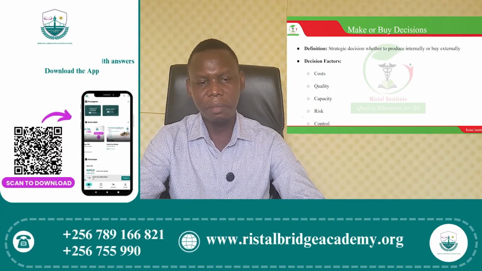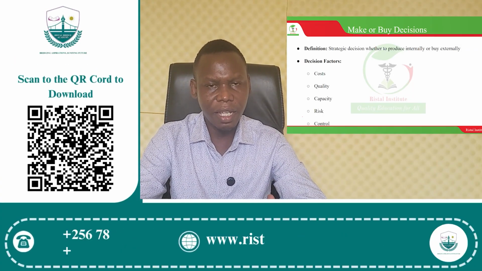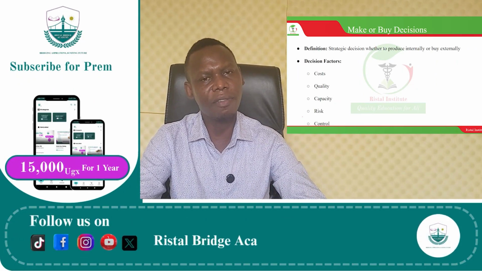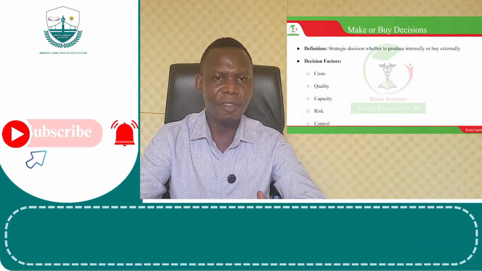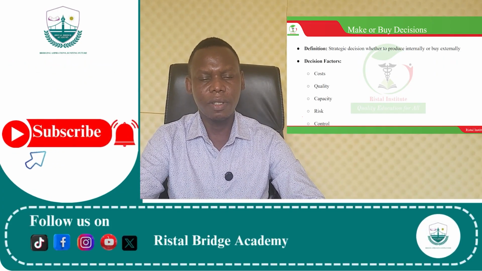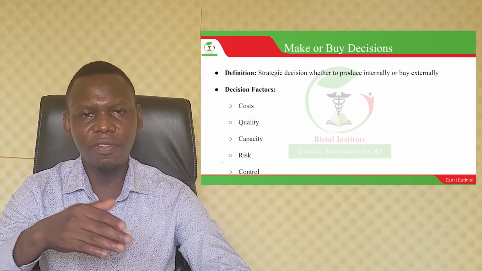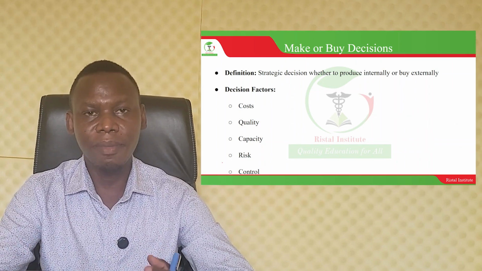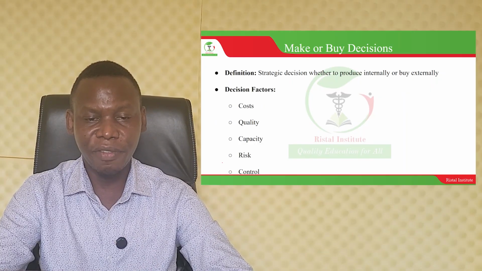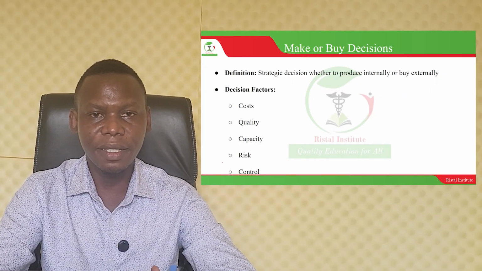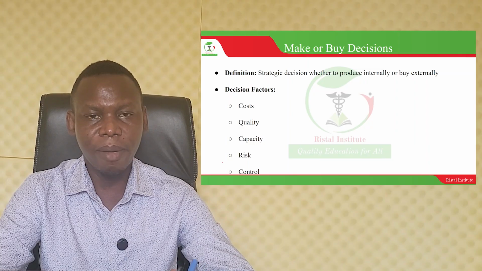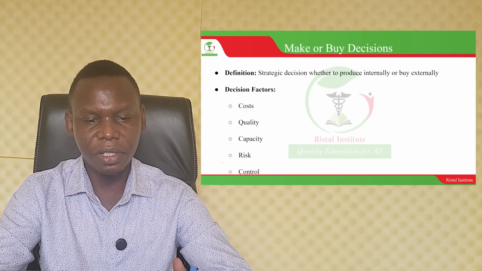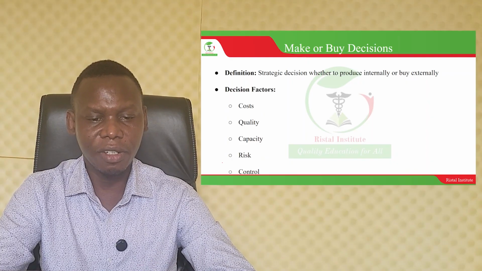Decision factors could be, you consider the cost. If we do it ourselves, what is the cost? And if we buy from outside, what's the cost? So the decision is weighed, and if buying out is cheaper, then we shall need to buy from outside so that the company can make a profit. Then quality also depends. The outsourced company, what quality is their product? That is also a question to be asked during decision making.